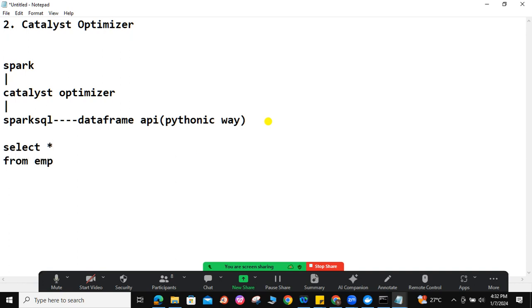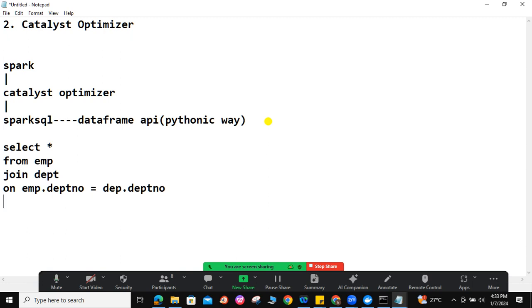Later you did, instead of a where, you have to filter only department number 20. So you didn't filter. What you did was select star from EMP, join department, on emp.department_number equal to dpt.department_number.